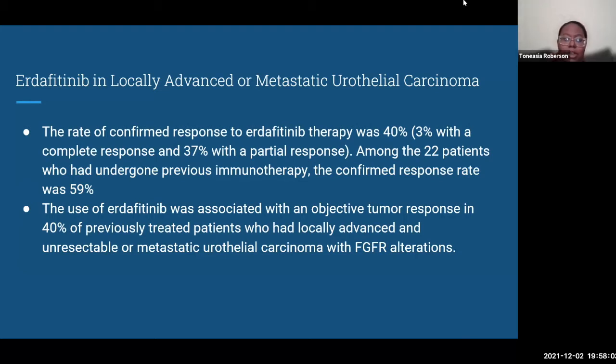The starting dose was set at 8 milligrams daily, with an allowance that they could go up to 9 if that treatment was necessary. And the average follow-up duration for the survival was 11 months, with the 95% confidence interval of about 9.1 to 12.2 among the patients in the group.